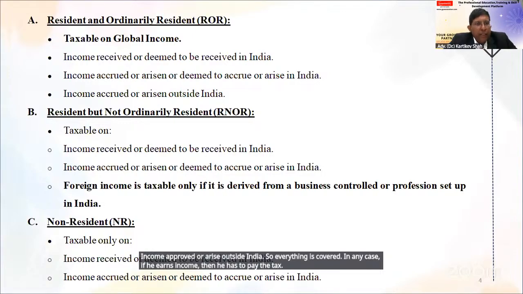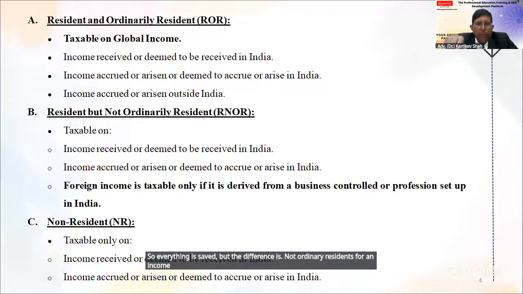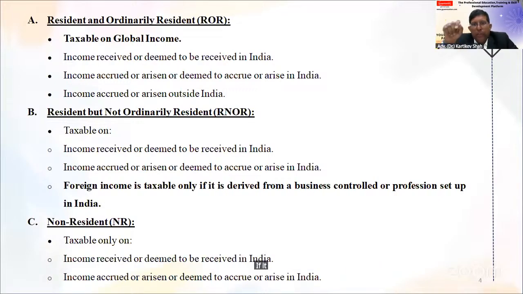The second category is resident but not ordinary resident. Now, what is the difference between ordinary and not ordinary resident? Everything is the same, but the difference is that a not ordinary resident's foreign income is taxable only if it is derived from a business controlled or profession set up in India.